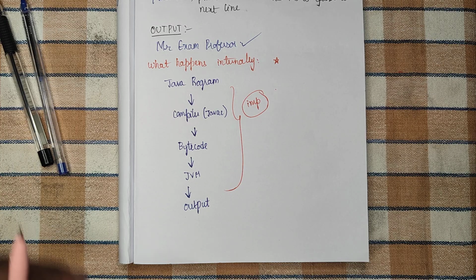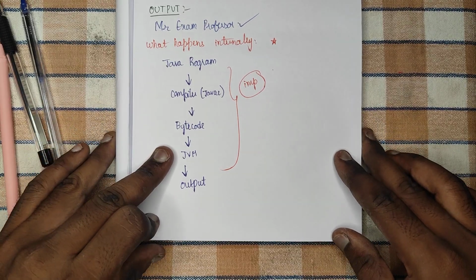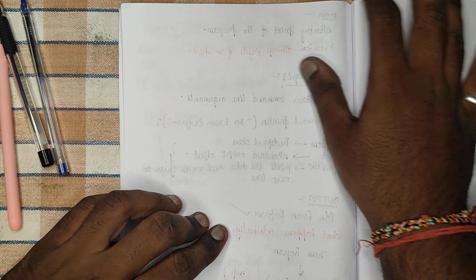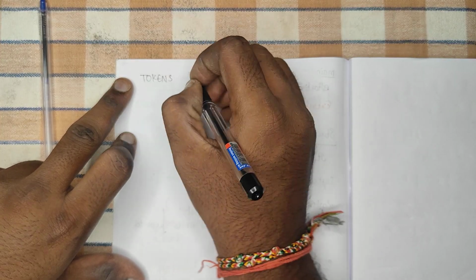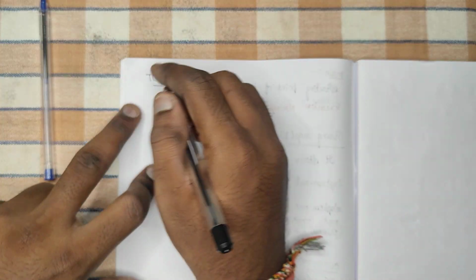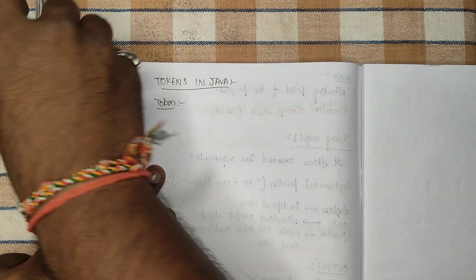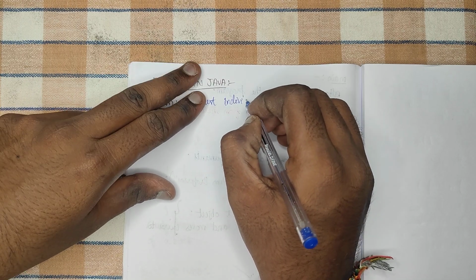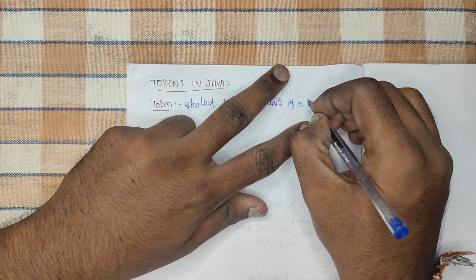Tokens in Java. What is a token? It's nothing but the smallest individual units of a Java program.